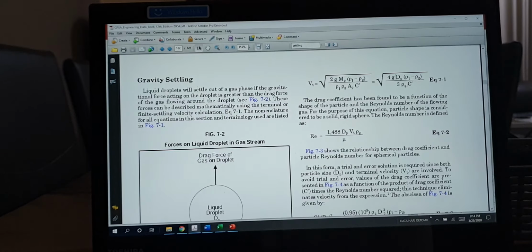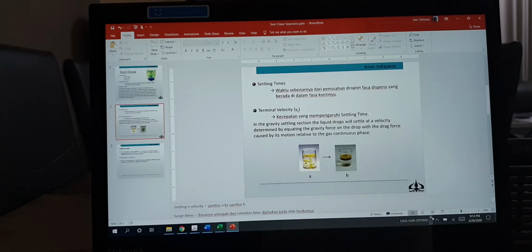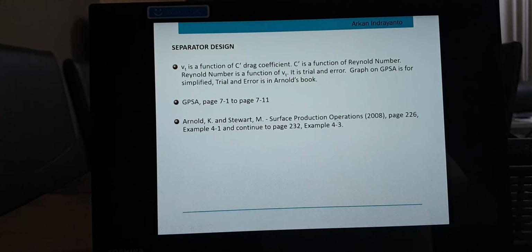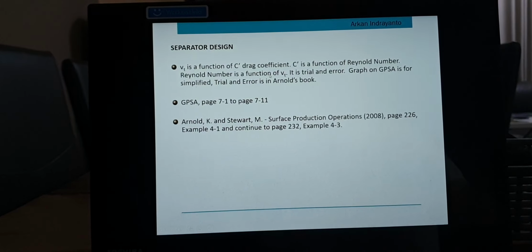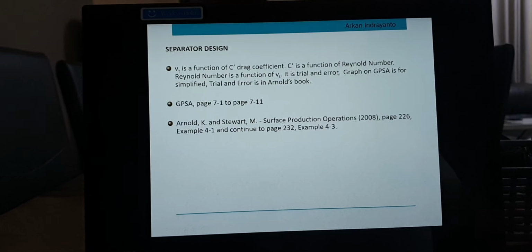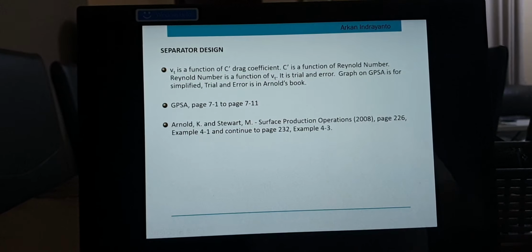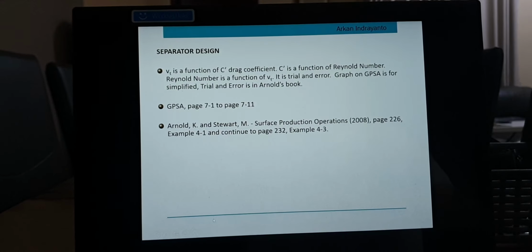For g, dp, and so on: dp is the diameter, then the density of the liquid and the density of the gas, and Cd is the drag force coefficient. So Cd is a function of Reynolds number, and Reynolds number is a function of Vt. It's a trial and error. But in GPSA, there is a simplified way to do that.